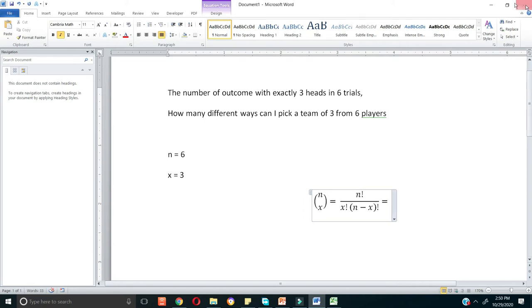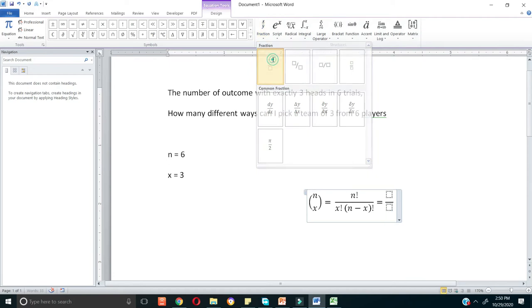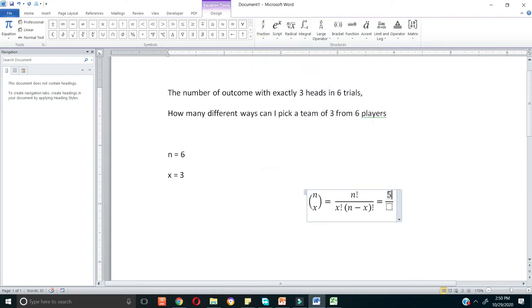So we have 6 factorial over 3 factorial times 6 minus 3 factorial. So that's 3 factorial times 3 factorial.